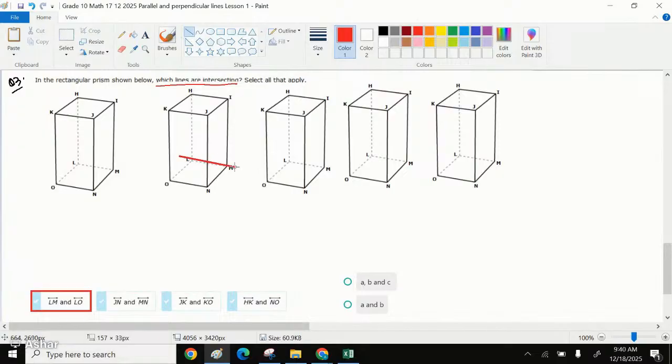LM is this line, and LO would be this line. Yes, it is intersecting. The next one is JN, MN. JN is this vertical line, and MN is this horizontal line. Yes, they are intersecting.